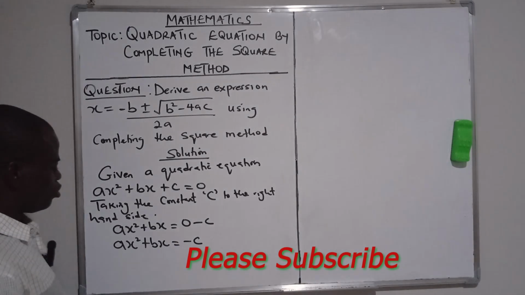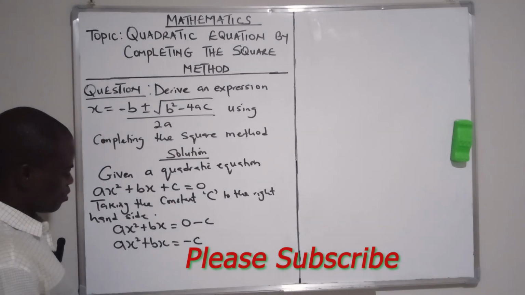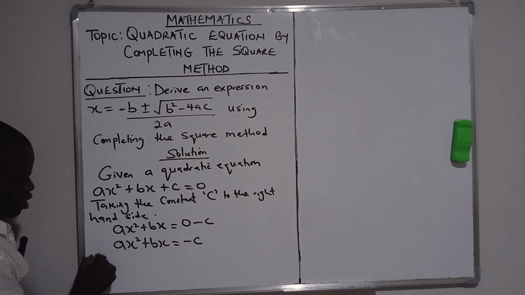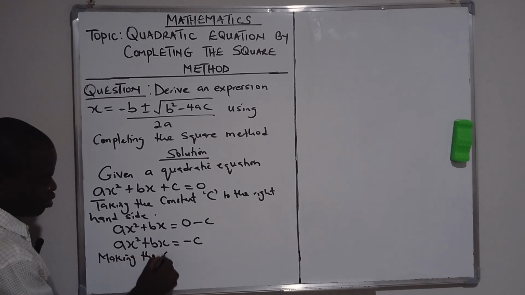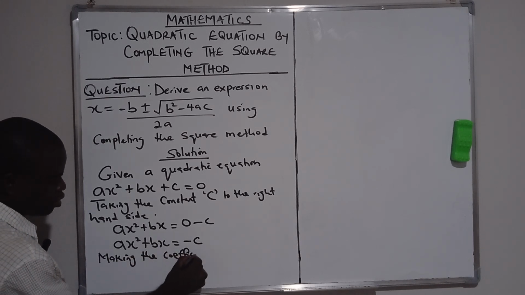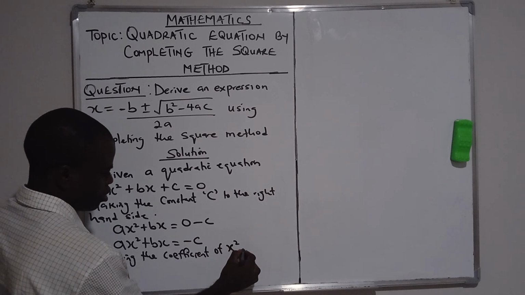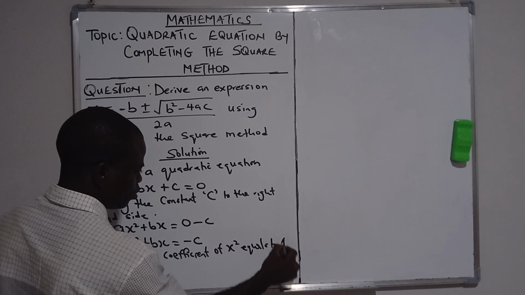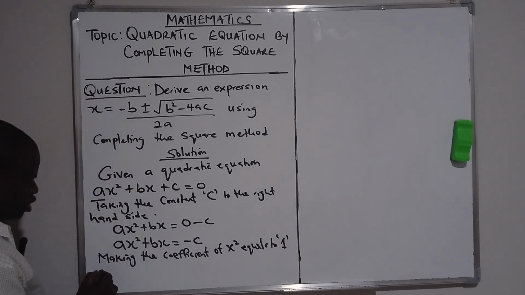The next thing to do is to remove the coefficient of x squared by dividing both sides by a, making the coefficient of x squared equal to 1.